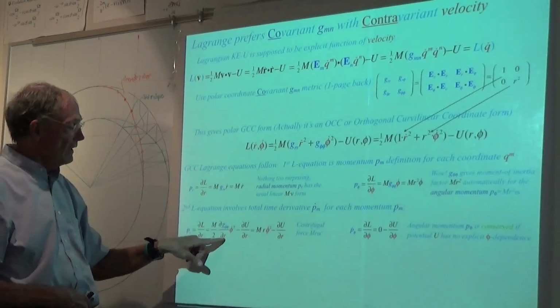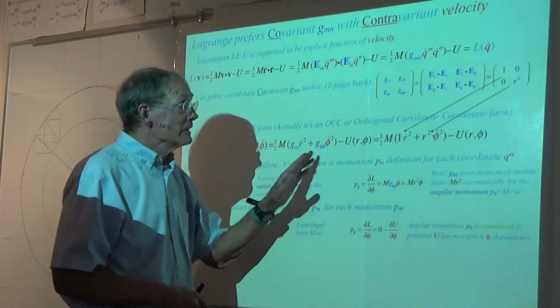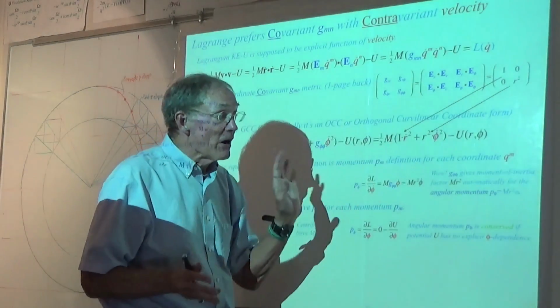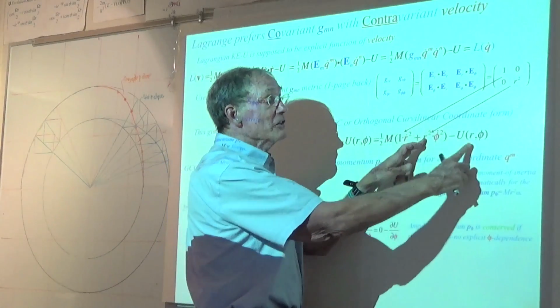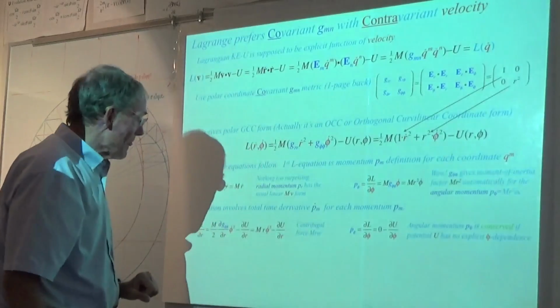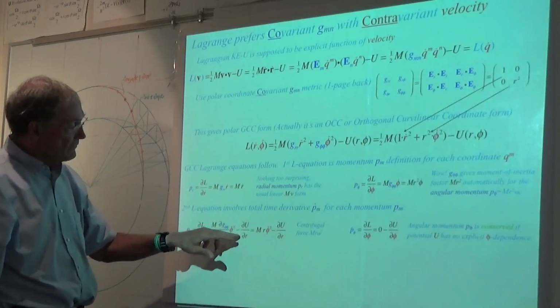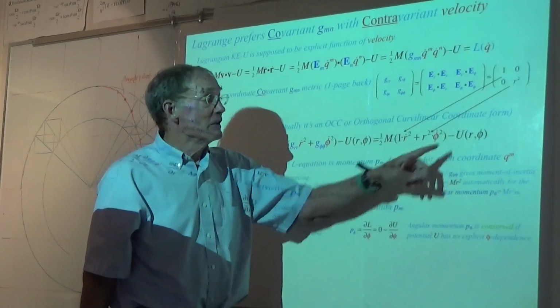So I go through there, looking for r's in this Lagrangian. These are partials, you see. I see an r there, and I see an r if I've got a potential. So I've got a partial u with respect to r in there being subtracted, and we always do that.